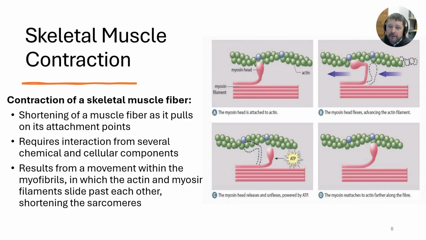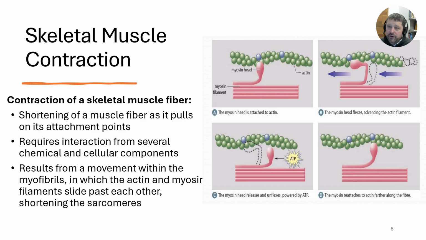The myosin head again will bind up to the actin receptor. When it does, it'll make the myosin head change its shape, so it makes this whole filament change its shape. Basically, it snaps in one direction.